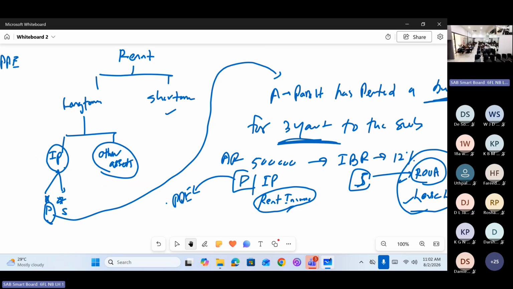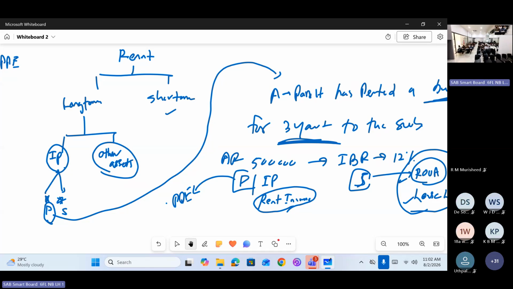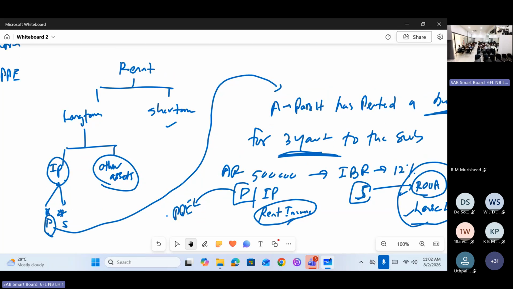Short-term rent is like a service. Long-term rent will be IP or other asset. IP will be parent or subsidiary. Other asset, no classification difference, only ROUA reversal. Your other asset is always recognized as PP&E, already recognized as PP&E. No change, right? So you should have a proper understanding about this.